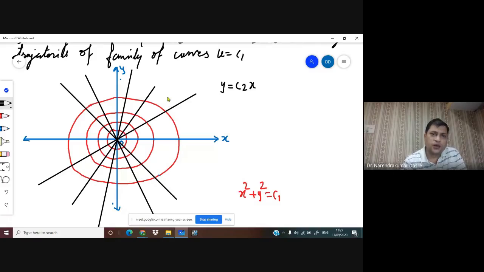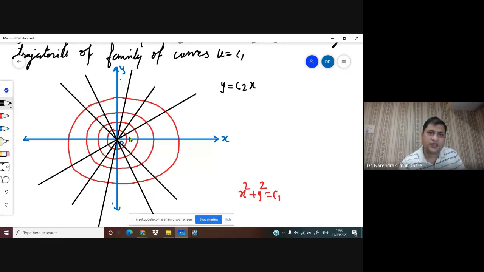One thing you need to notice is that all members of this line family are intersecting all members of this circle family at 90 degrees. This line intersects all the circles at 90 degrees, and this line intersects all the circles at 90 degrees.